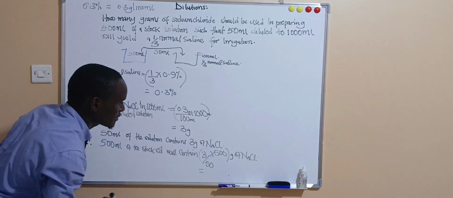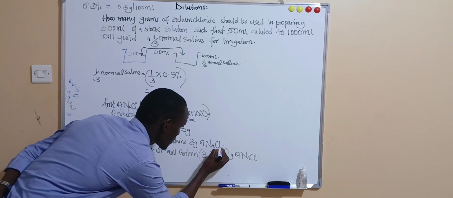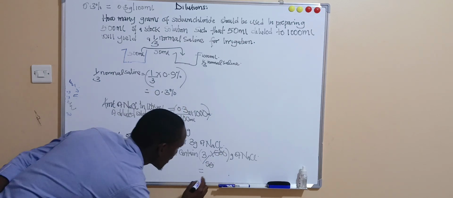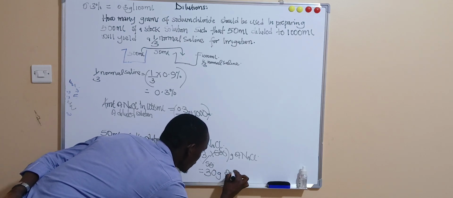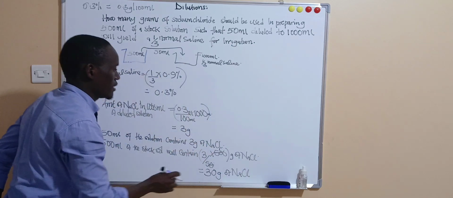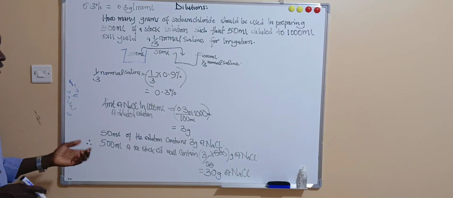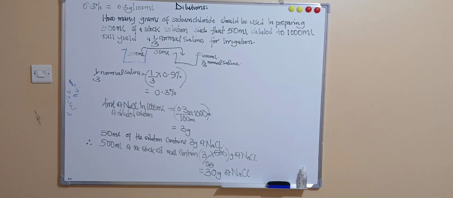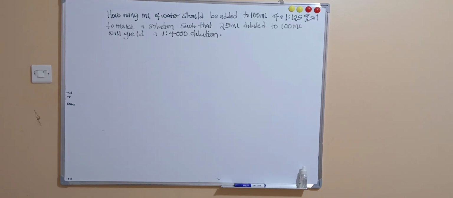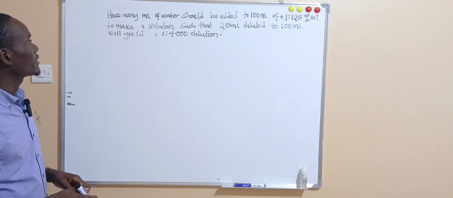So this one will give us the 50, reduce this by 1, and we shall have 30 grams of sodium chloride in 500 mils of the solution. Let us look at our next example.